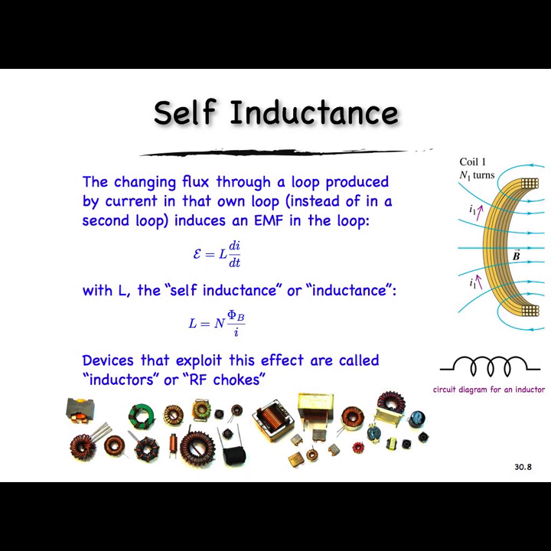So the magnetic field through a solenoid, we already said, is mu naught n i, where n is the number of turns per unit length. And that's in a solenoid. If we have length L, we can write the number of turns per unit length as the total number of turns divided by the length.